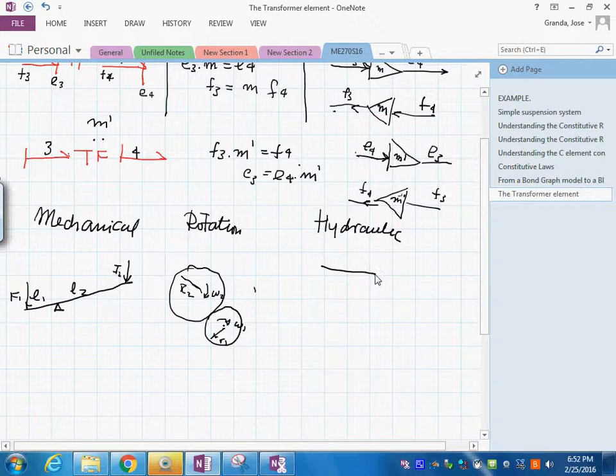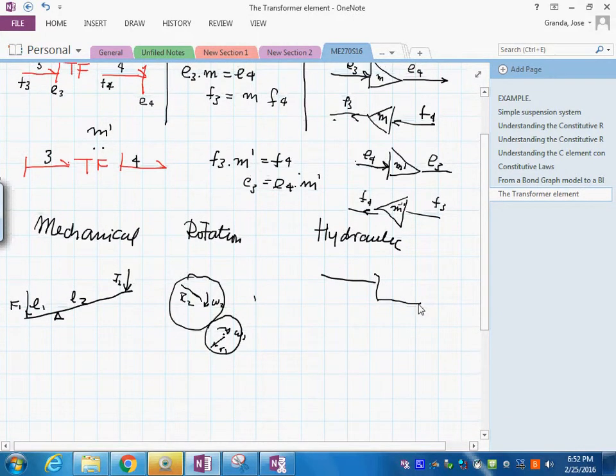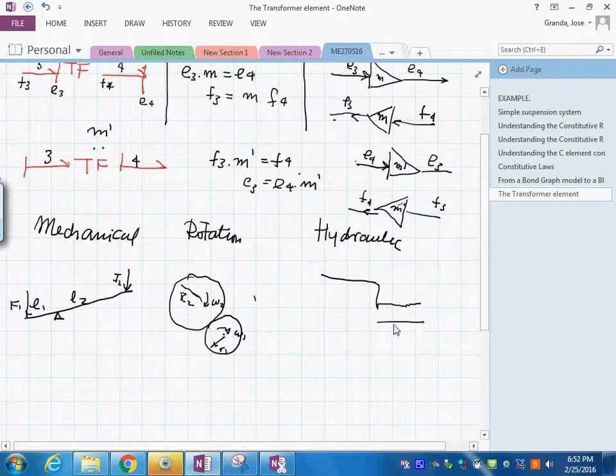So you have in here the velocity and force on this side, and you're going to have a volume flow rate and a pressure on this other side. These are examples on each of these. We could write the equations for each one of these. I'll just do it real quick so we don't make this too long.